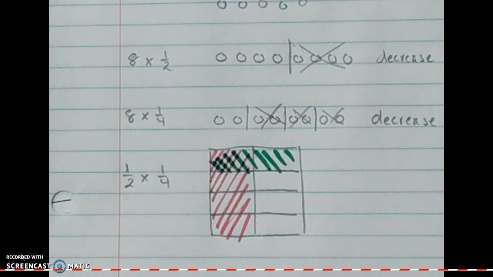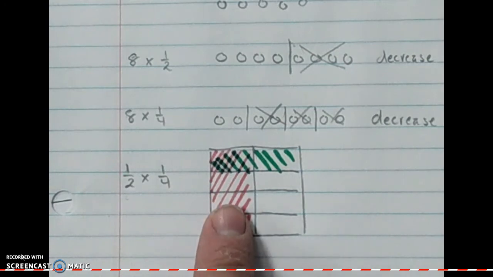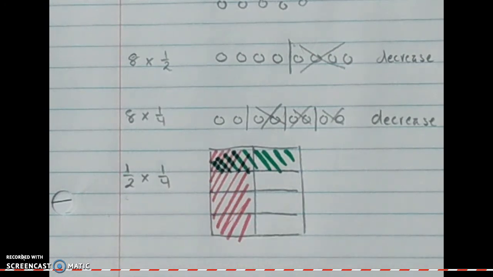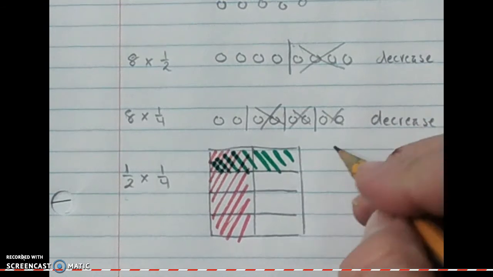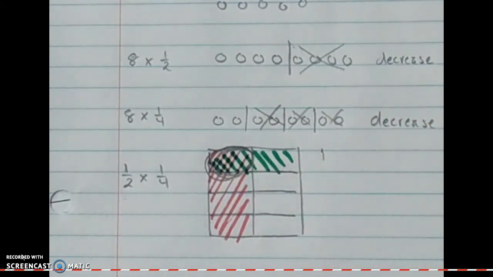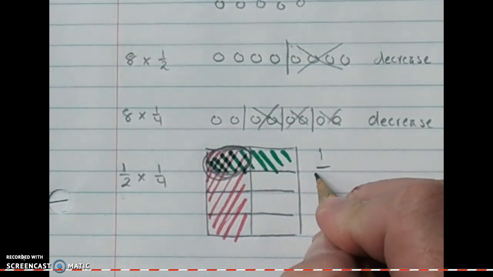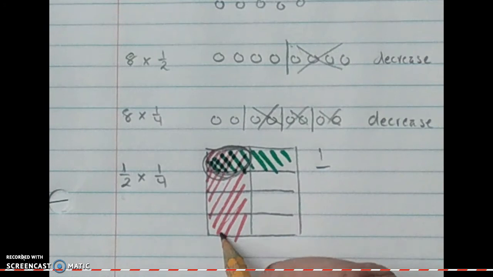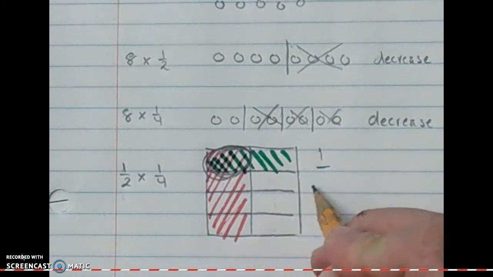How many boxes? I made some rectangles in here. How many of the rectangles that I made have both colors in them? One. This is the only one with both colors. Out of how many total boxes? 1, 2, 3, 4, 5, 6, 7, 8.